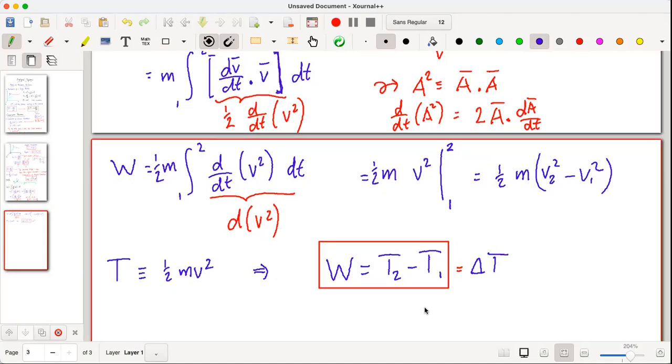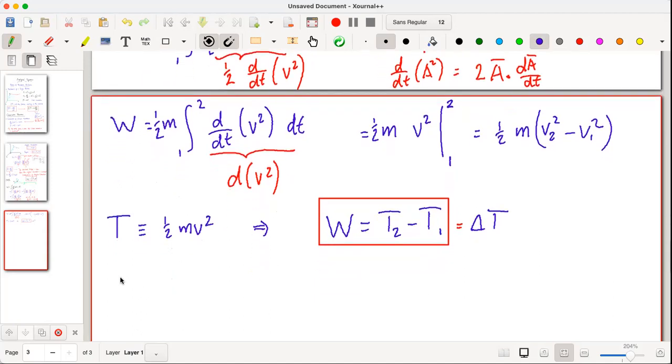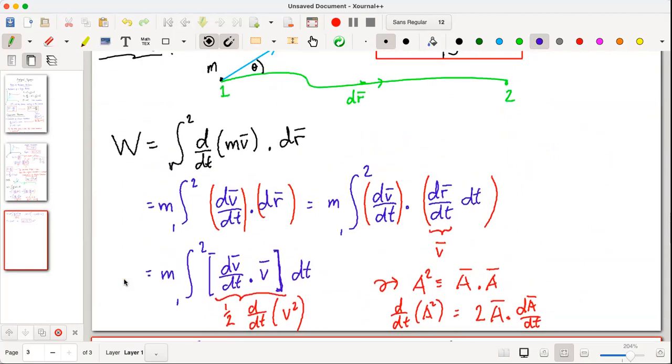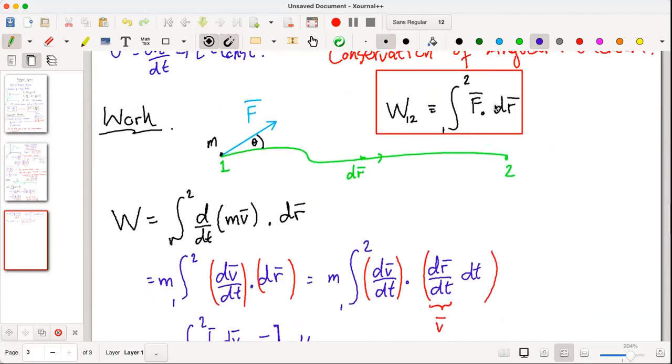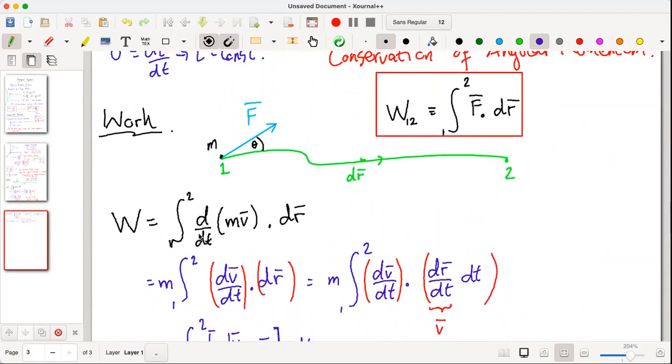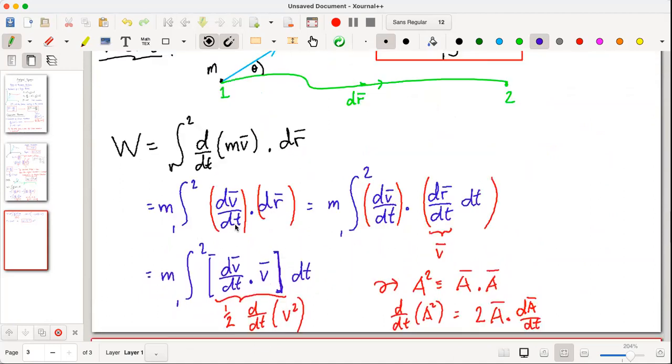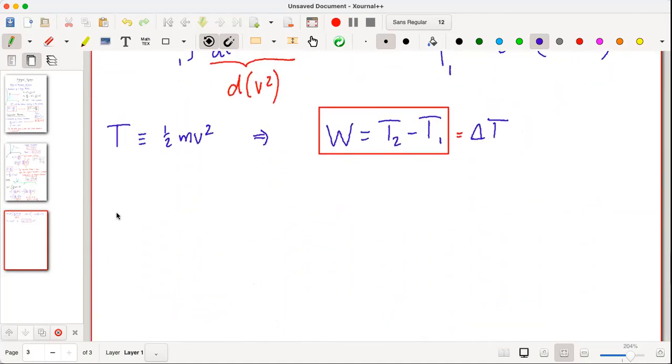On the other hand, this is the result if I use the force F, written like that. If on the other hand, I'm using the force coming from a conservative force, it can always be written like this, right? This is what I call the conservative force.